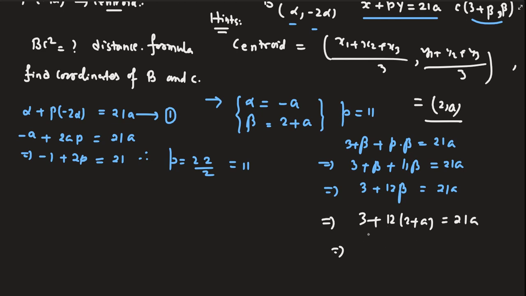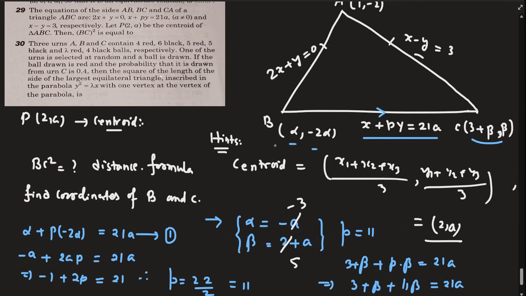Now 24 plus 3, 27 plus 12a is equal to 21a. Then 27 is equal to 9a. So this is 3. So therefore alpha value is minus 3 and beta value is 5.